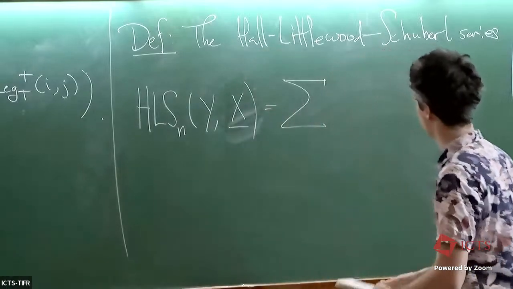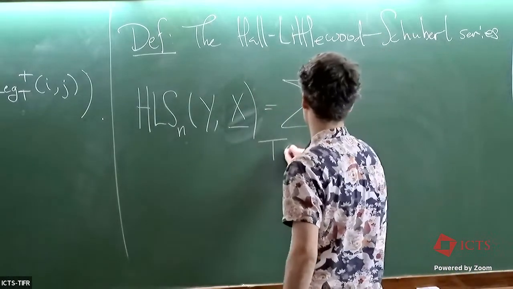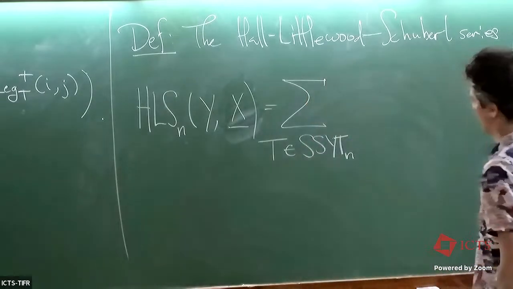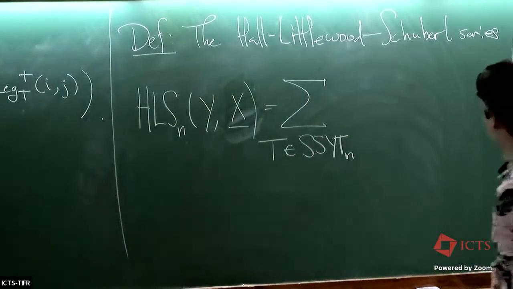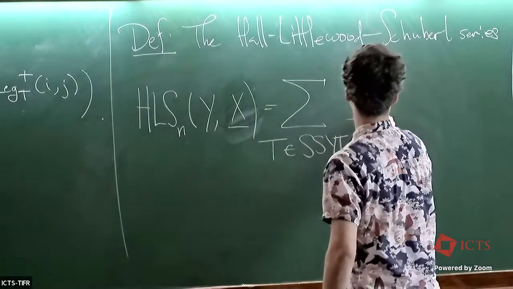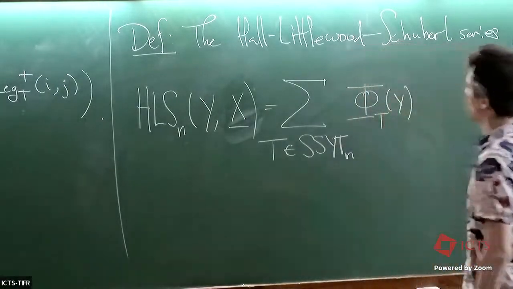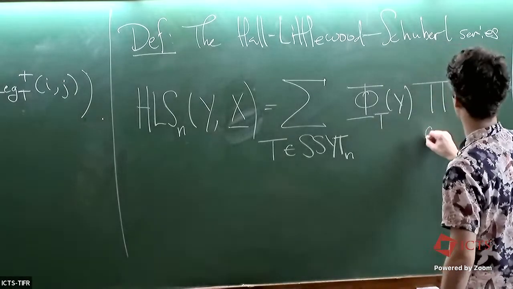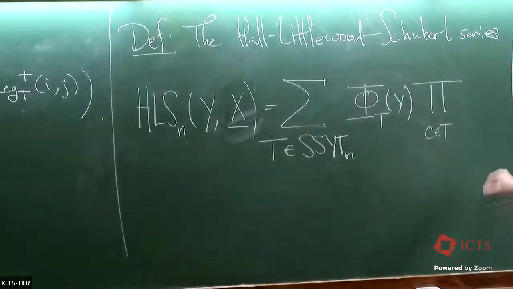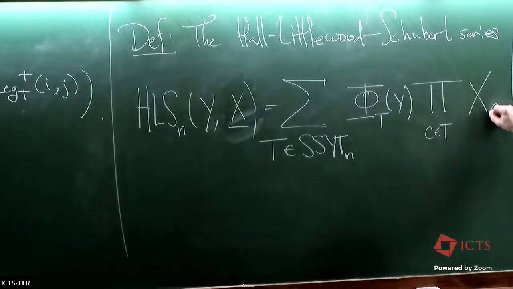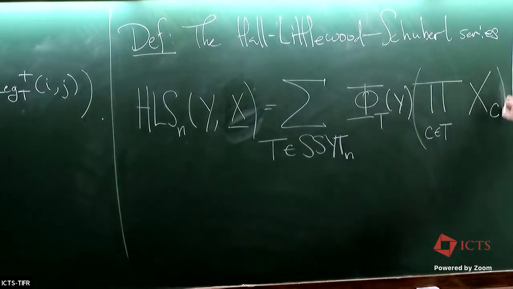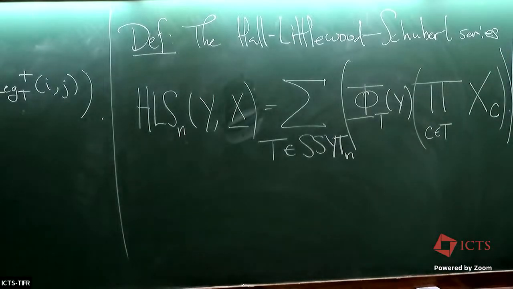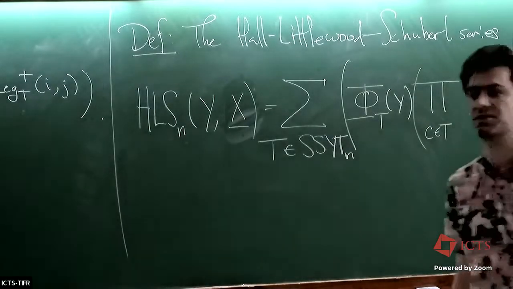Okay, and it's a sum of all tableaux in SSYT sub n, infinite sum here, of these leg polynomials, together with running over all columns of the tableau, x sub c. Okay. That is HLS.